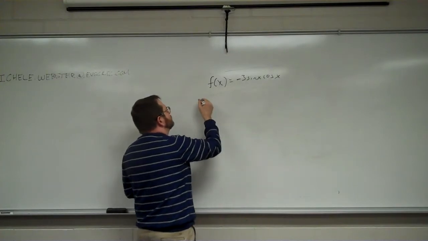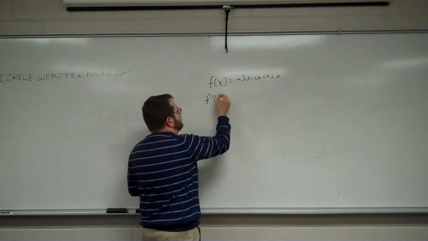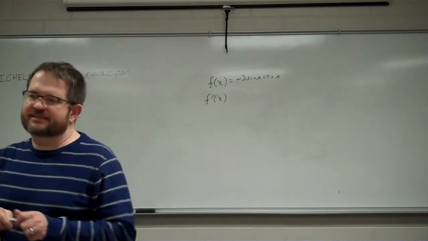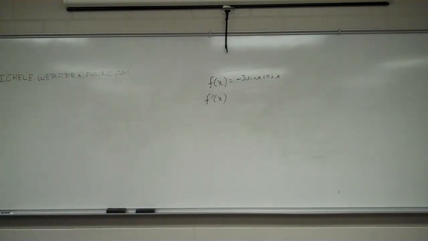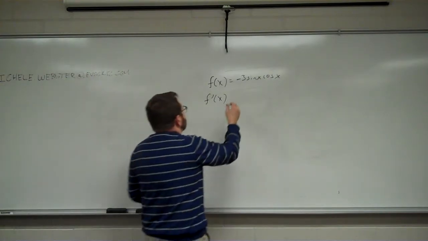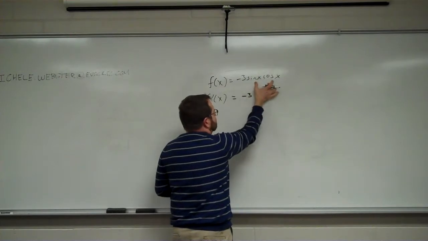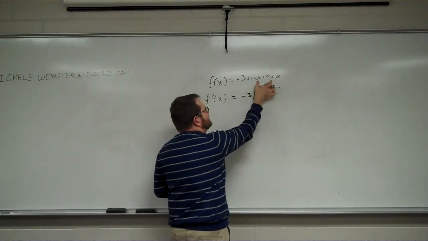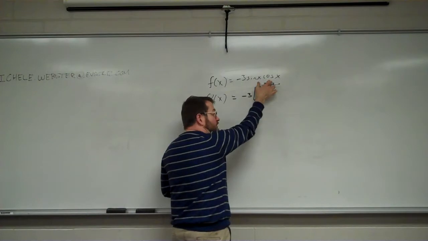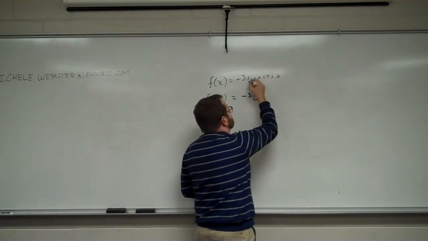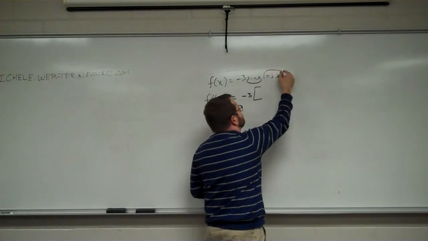Well, in order to do that, first you're going to need the derivative. And just for the sake of argument, this time I'm going to use that tick mark notation to mean derivative instead of d by dx. It's clearly going to be negative 3 times the derivative of this, and the derivative of this is clearly a product rule. So it's the derivative of the first term, here's one term, here's the other term.